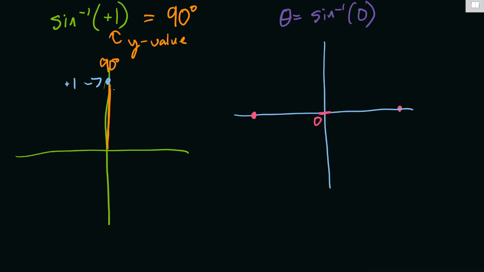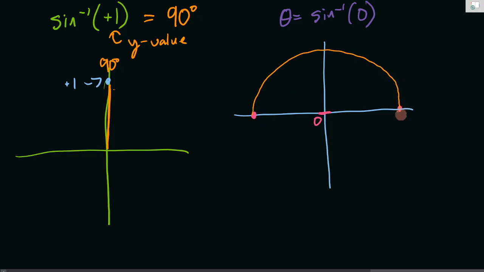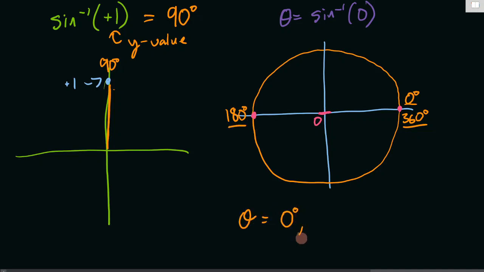And then if you think in terms of your unit circle, it goes through either at negative 1 on the x or positive 1 on the x, which means that there's actually 3 possibilities, I guess. If you allow 0 degrees and 360 degrees and 180 degrees, then you can have theta equals 0 degrees, 180 degrees, or 360 degrees. And those are all the possibilities between 0 and 360 degrees inclusive.